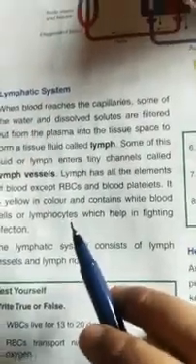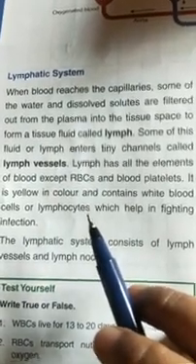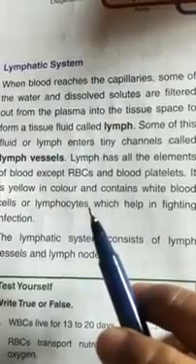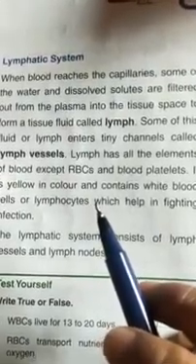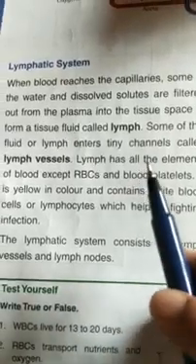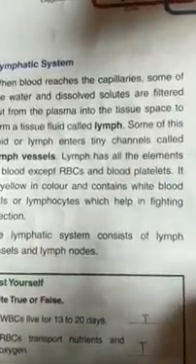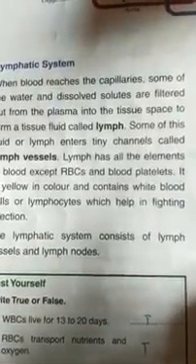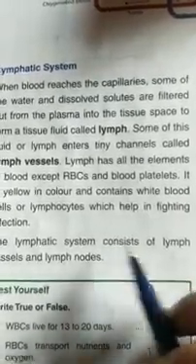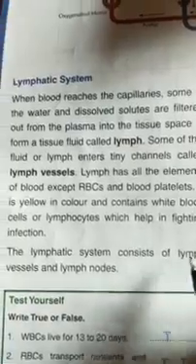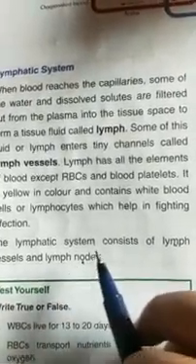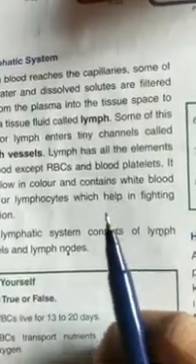Because there is also a chance of getting infection, so it has lymphocytes. So there is an exchange, and that's how the tissue fluid or the lymph exchanges the nutrients, waste products, carbon dioxide or oxygen with the blood. So the lymphatic system also consists of lymph, the tissue fluid, lymph vessels, and the lymph nodes. So that is the full part of the circulatory system.